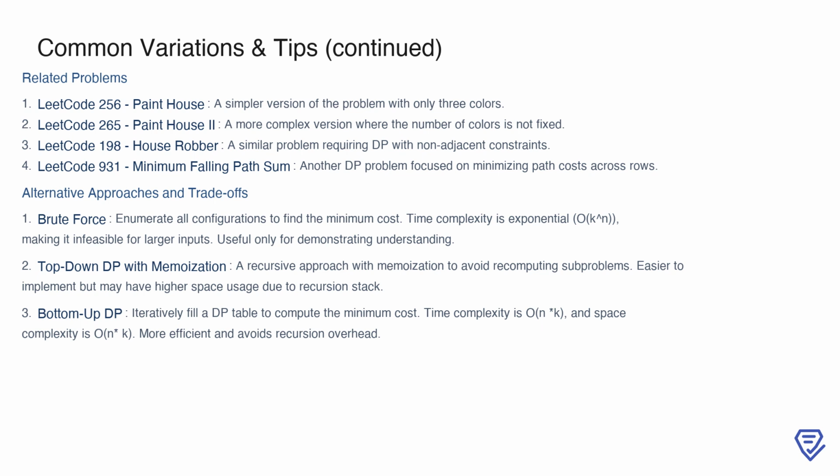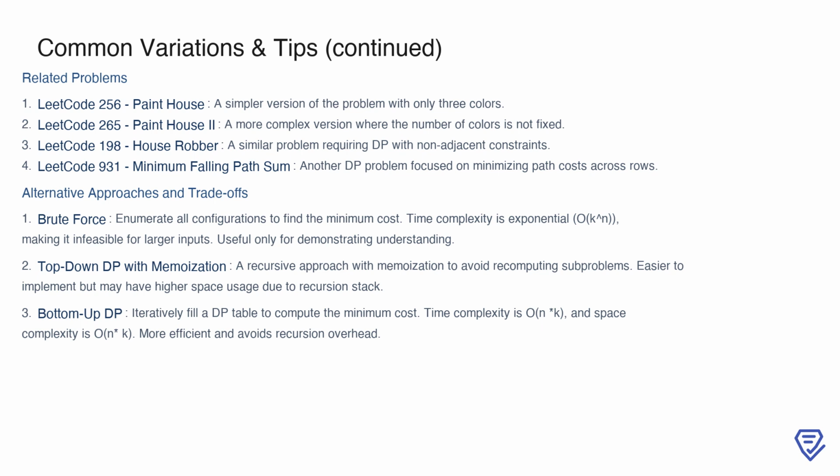When it comes to alternative approaches, brute force is one option, where you enumerate all possible configurations to find the minimum cost. However, with a time complexity of O(k^n), this quickly becomes infeasible for larger inputs. It's useful as a demonstration of the problem but not for practical solutions.